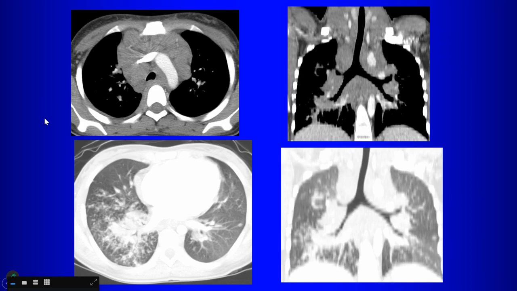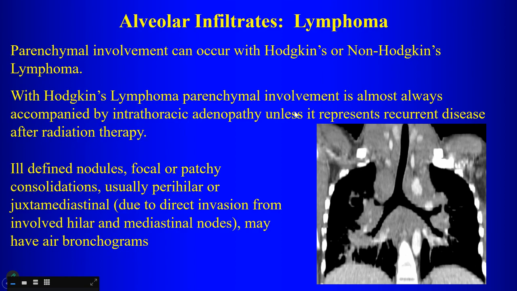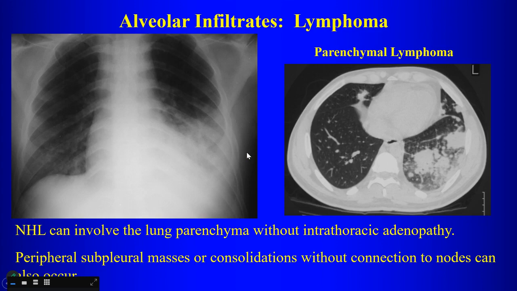So lymphoma can also give you infiltrative airspace disease, can give you air bronchograms, as in this case, as it infiltrates around the lungs. Okay, so with Hodgkin's lymphoma, it tends to infiltrate from the lymph nodes into the surrounding lungs. With non-Hodgkin's lymphoma, it can be primary disease predominantly within the lungs. So lymphoma can also give you airspace disease, ill-defined consolidations, nodular opacities, etc. So it can be Hodgkin's or non-Hodgkin's lymphoma.